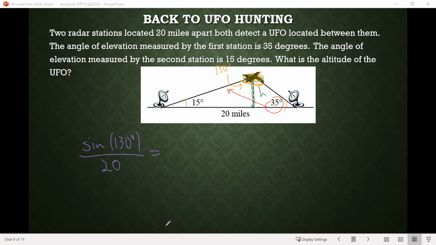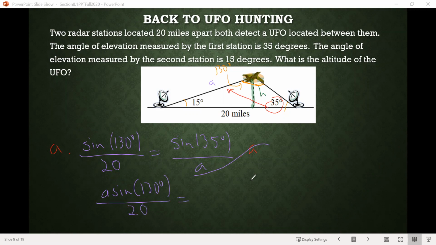This equals, again, the length over the measure of the angle we're working with. So that's sine of 35 degrees. I'm going to call the side opposite it A. We need to find A. We do that by multiplying by A on both sides. Then, after these cancel, we have A times sine of 130 degrees over 20 equals sine of 35 degrees.